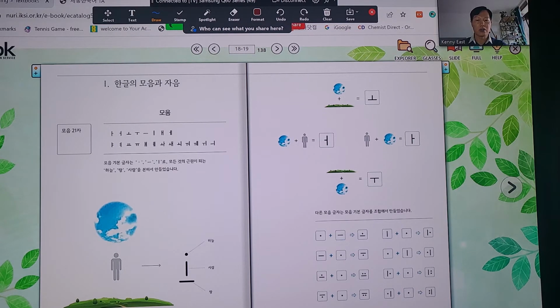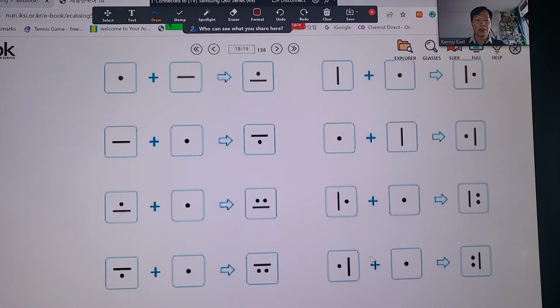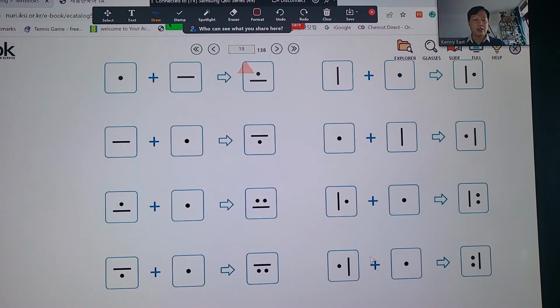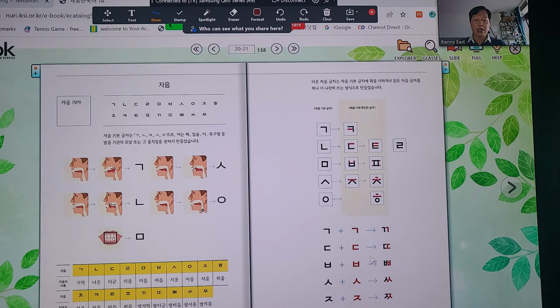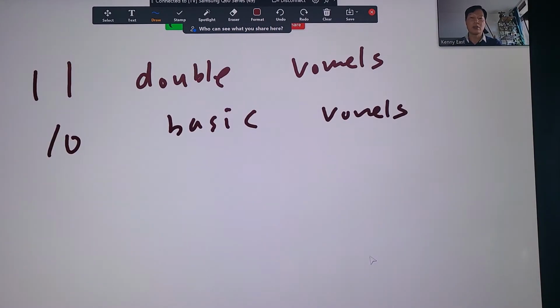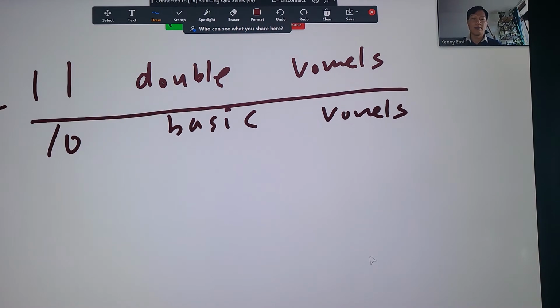And how to create the 10 basic vowels by combining from 3 fundamental theories, right? 자, now we're going to learn the 11 double vowels, one by one, right?